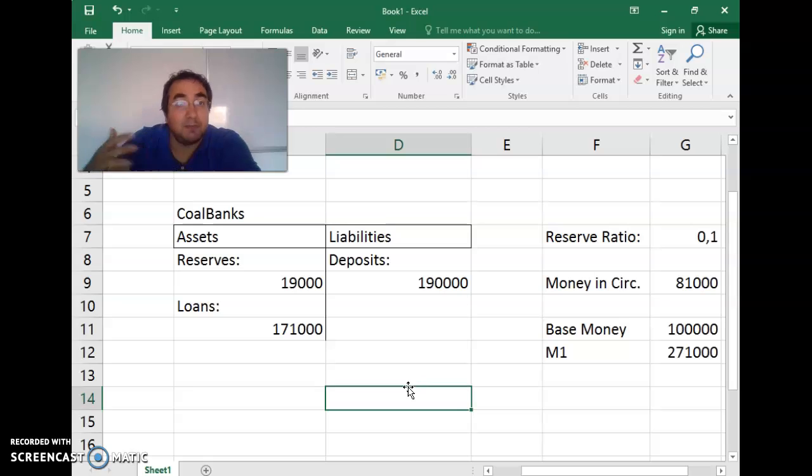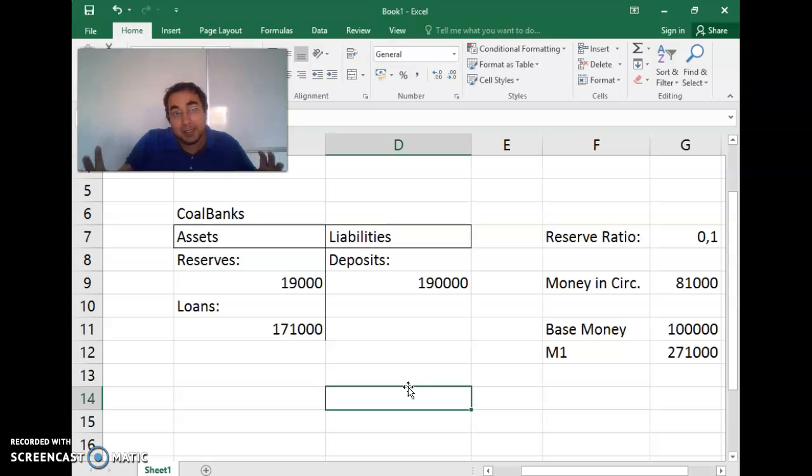The main point is that when people bring their paper money to the bank, the deposits representing that paper money will act as money. We can use it to buy and sell things.